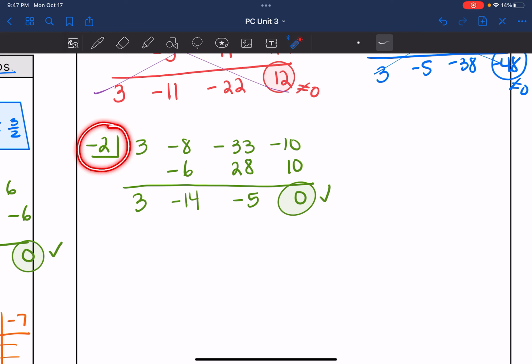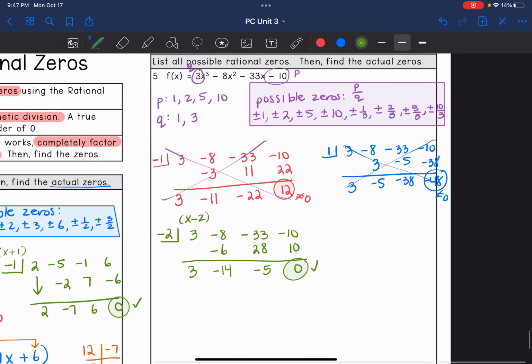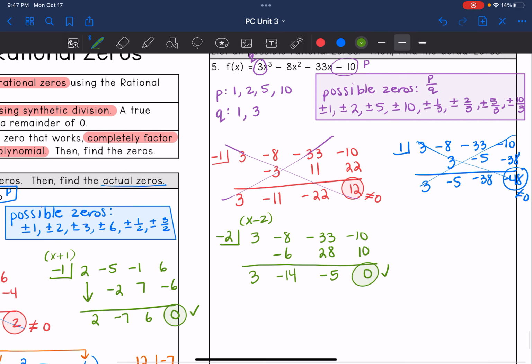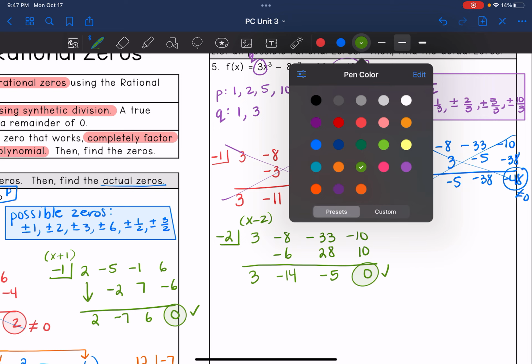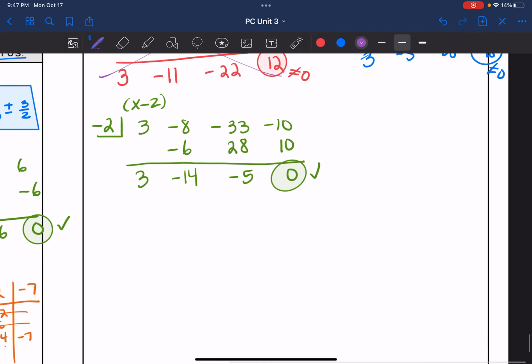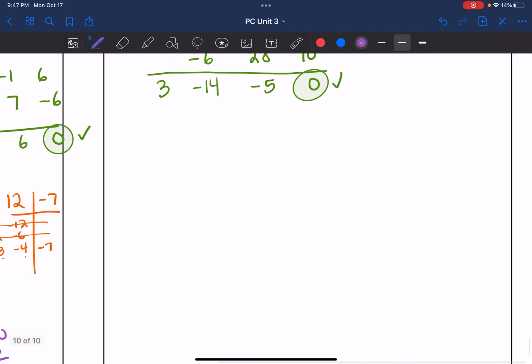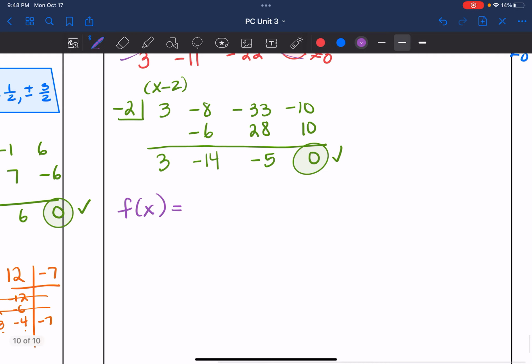So -2 is a 0, meaning that x plus 2 is a factor. So the polynomial from up here, I could rewrite it as f of x equals, okay, this linear factor, x plus 2, times the answer that we got here.